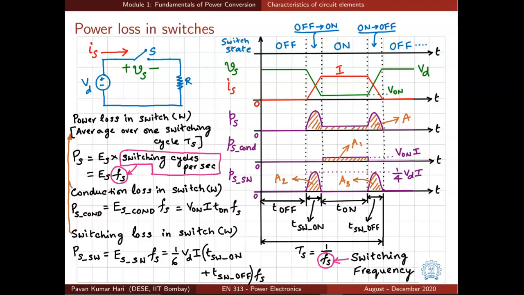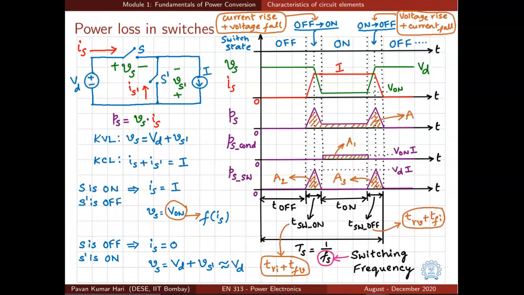And the switching loss in the switch depends upon the blocking voltage Vd, the current in on state I, the device switching transition times Tsw,on and Tsw,off, and Fs. Fs is the switching frequency.